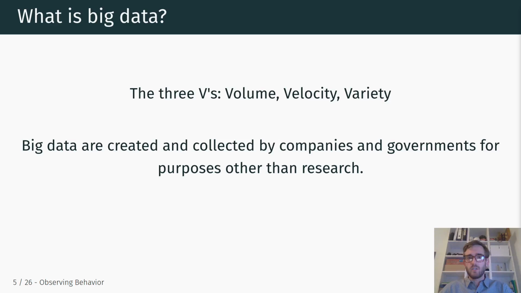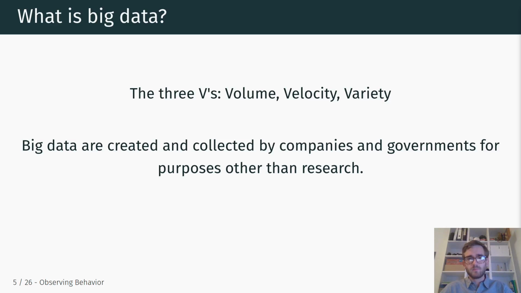So many types of big data are usually created either as government administrative records or business administrative data. And so a first step to learning from big data is realizing that ultimately they're part of a broader category of data that has been used by social science researchers for many years, which is observational data.